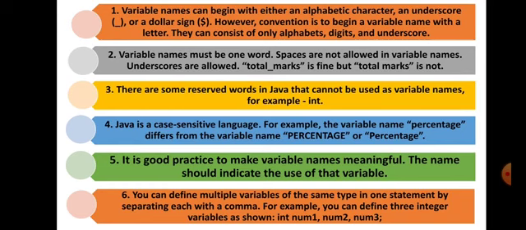The variable names number 1, number 2, number 3 are given in one line, and all are going to have a common data type, which is integer. Hope you understood these 6 points, which are very, very useful, and it is very important that you follow these rules or the syntax, which is nothing but the precautions you have to follow when you are dealing with a variable name.